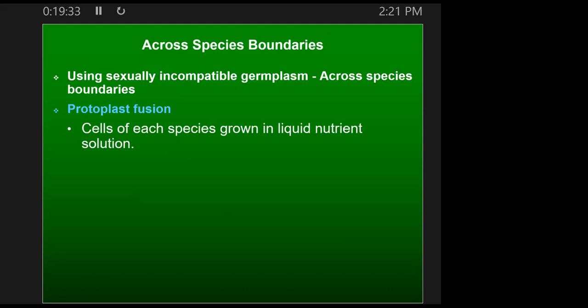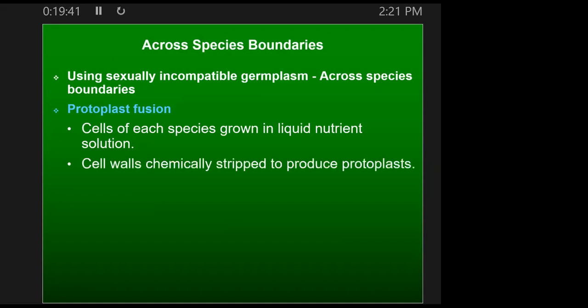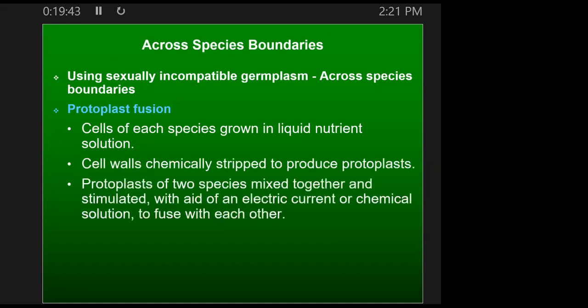And so you have these different protoplasts swimming around in the same broth, liquid, and then you get those to fuse. So if those cell membranes fuse with each other, often they apply like an electric current or some kind of chemical like the polyethylene glycol, for example. You'll get those protoplasts to actually fuse with each other.